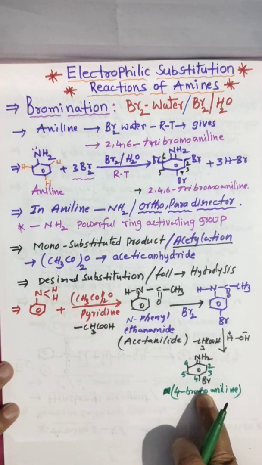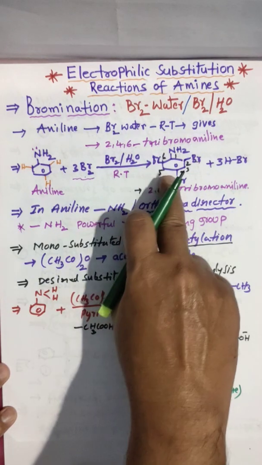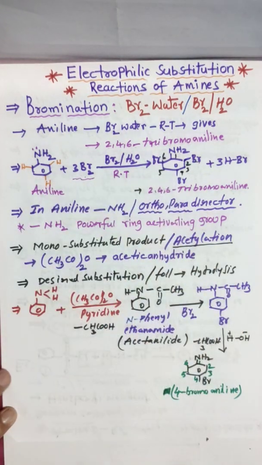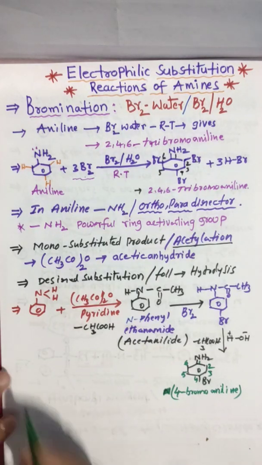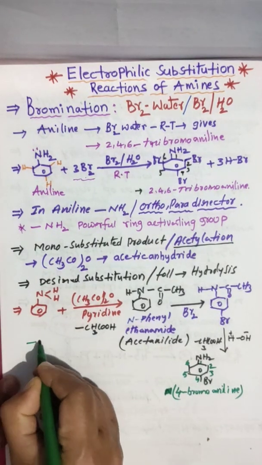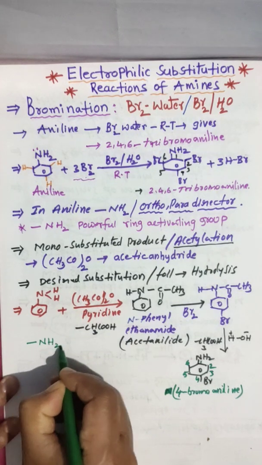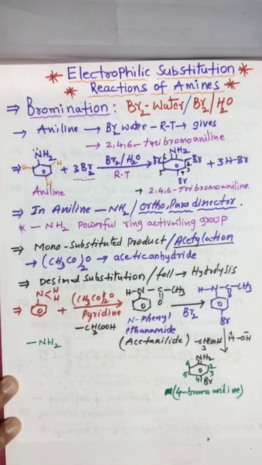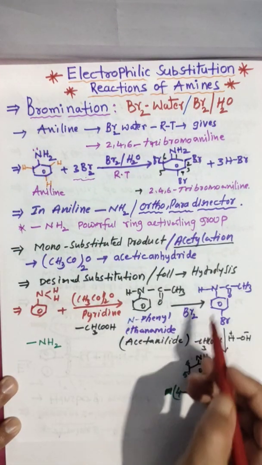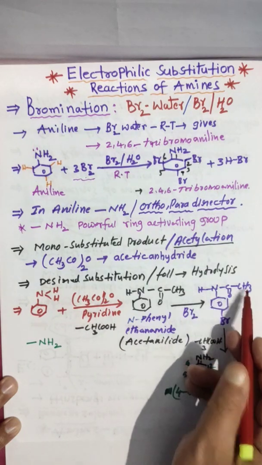Here it is mono substituted. Why can't we do the same process here? Look here, I will explain now. Here two groups are there: the NH2 group is there, and the NHCOCH3 group is there.